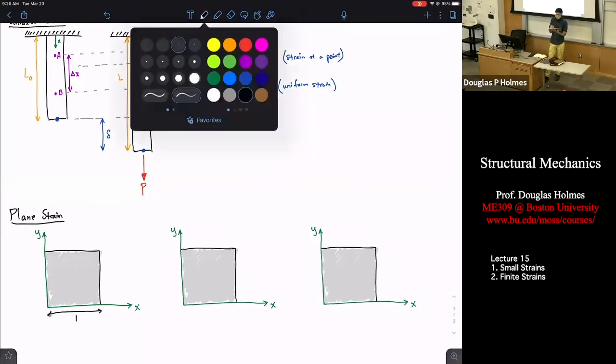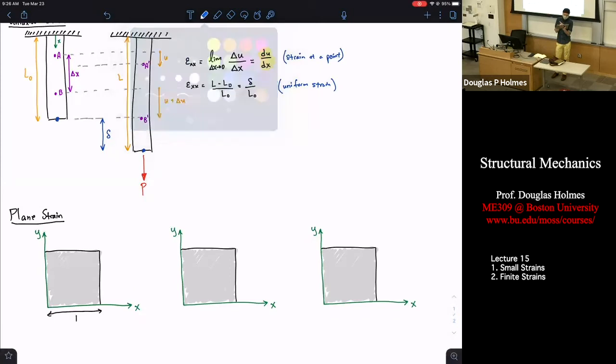how this object is going to deform as we independently stretch it in each direction. So for instance, the first thing we'll do is we'll just stretch it in the x direction. And if we just stretch it in the x direction, we would expect this structure to get bigger like this. And that's our strain.